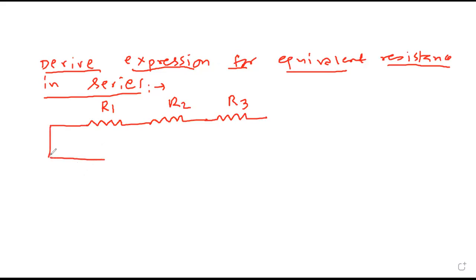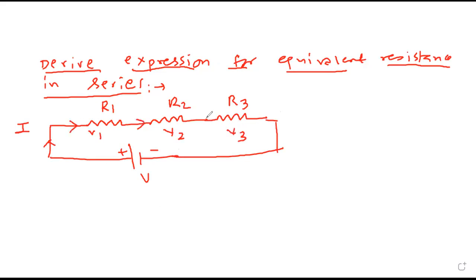Consider three resistances R1, R2, R3 connected across a battery of voltage V to supply constant current I. Let V1, V2, V3 be the voltages across R1, R2, R3 respectively. Let Rs be the equivalent resistance.